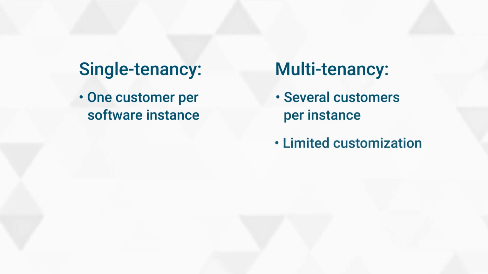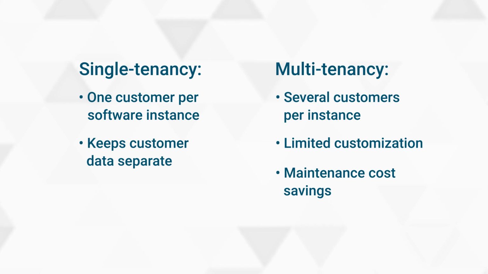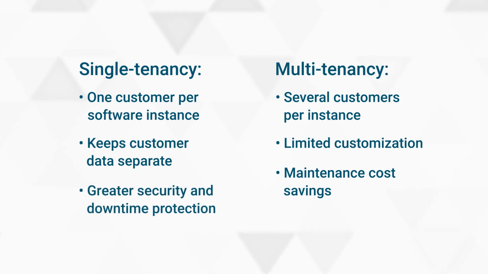This limits the ability to customize, but it does cut costs. Some of the biggest savings come from updates and maintenance costs, which are shared by all tenants instead of just one customer. But single tenancy keeps each customer's data separate. That makes it more attractive to companies that need greater security. Also, with single tenancy, downtime for one customer doesn't mean downtime for the others.